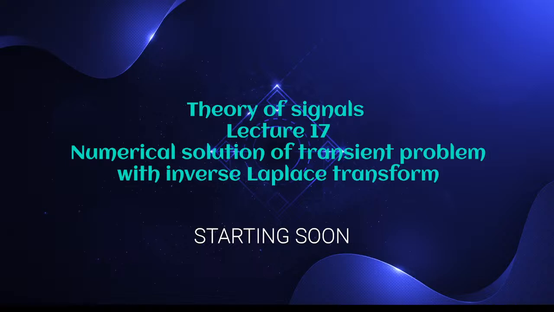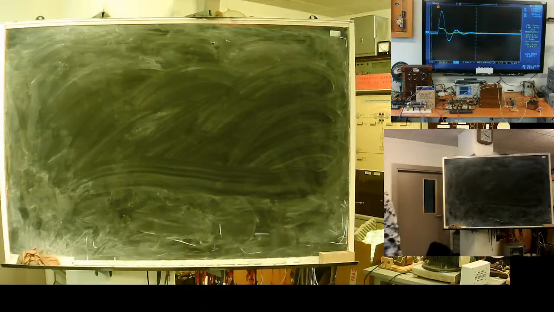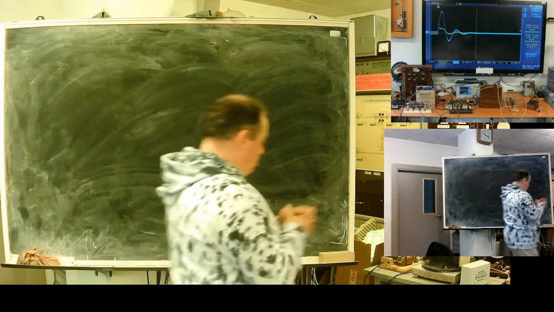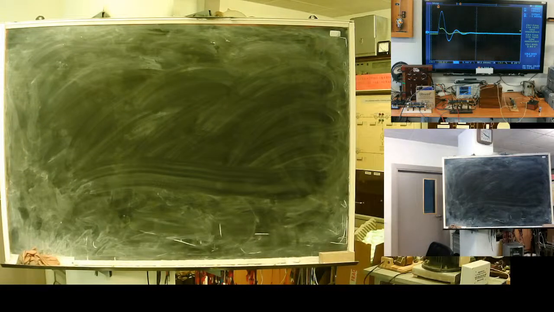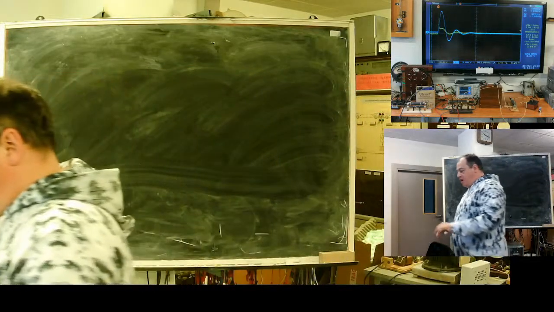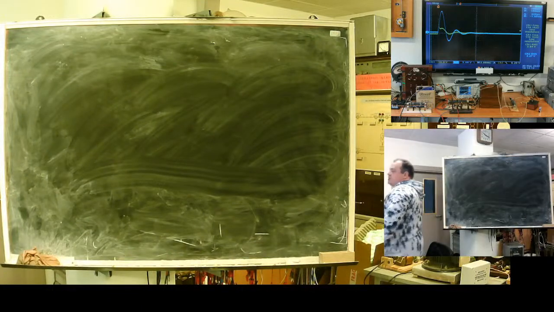Okay, I think we can start. And what I have for today: before we spoke a lot about all kinds of things, but most of them were, let's say, stationary regimes.